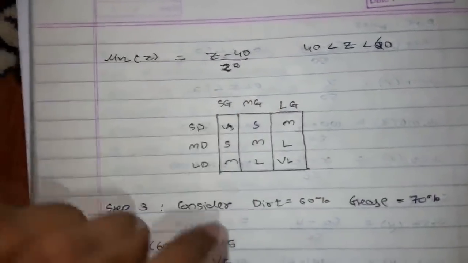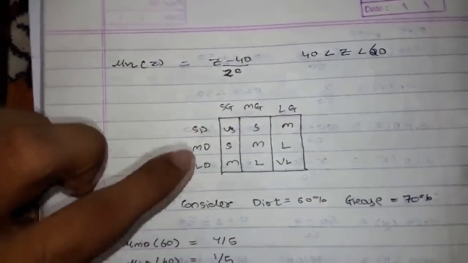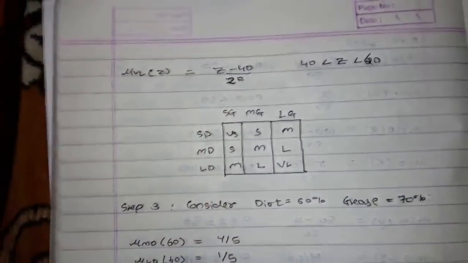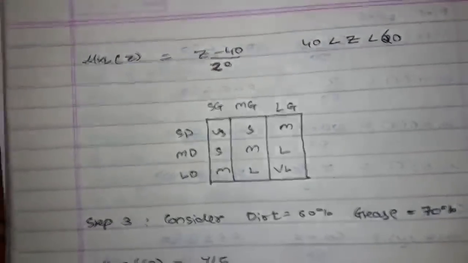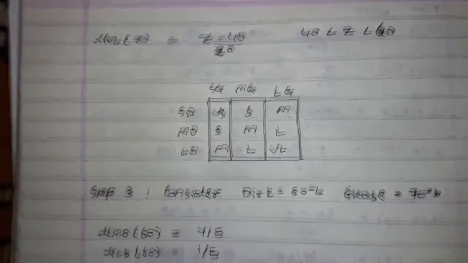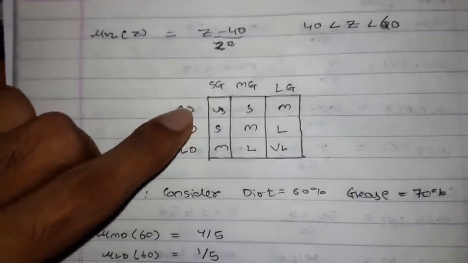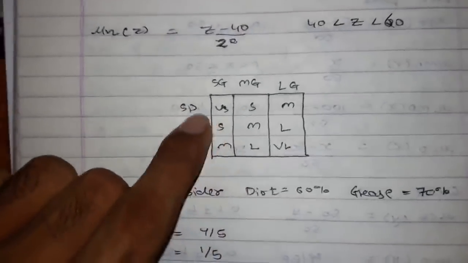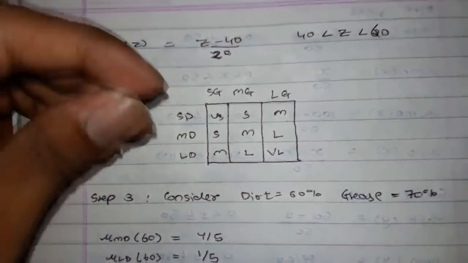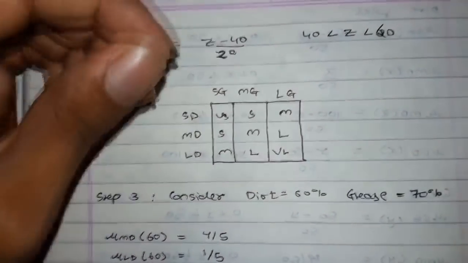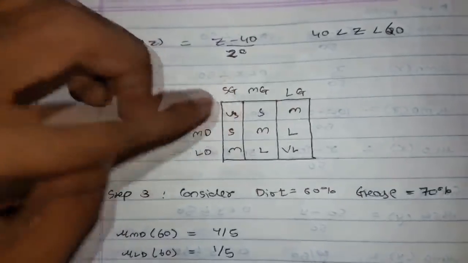The next thing you have to do is map these values to the time. Now this is totally on your logic, on how you want the application to work. Here what I have written is, suppose there is small dirt, meaning a very small percent of dirt in the clothes, and small grease. So what should be the time?